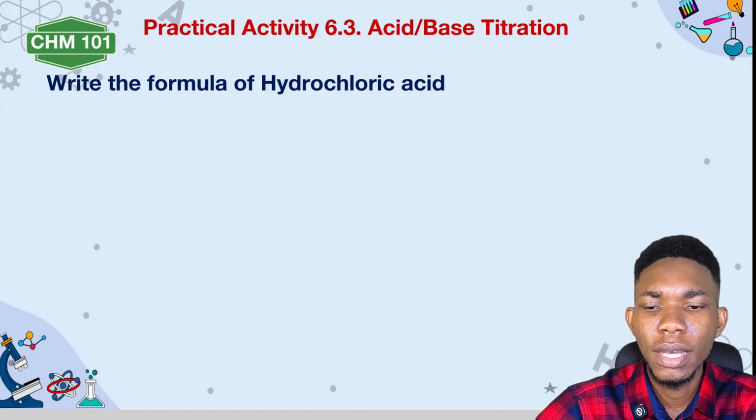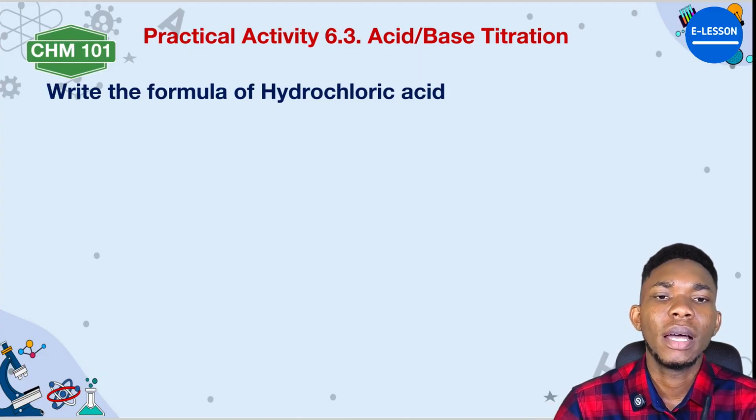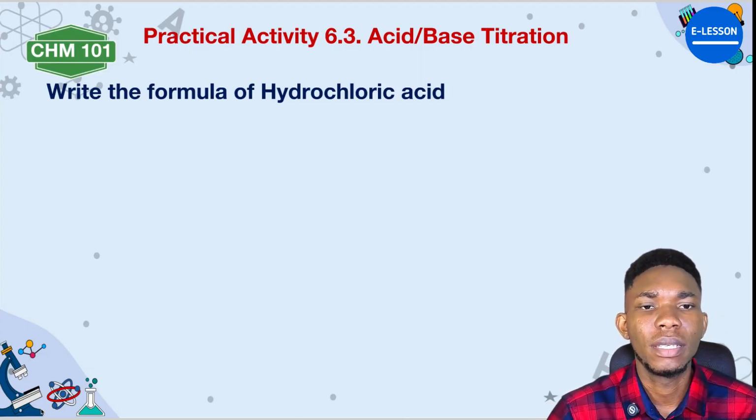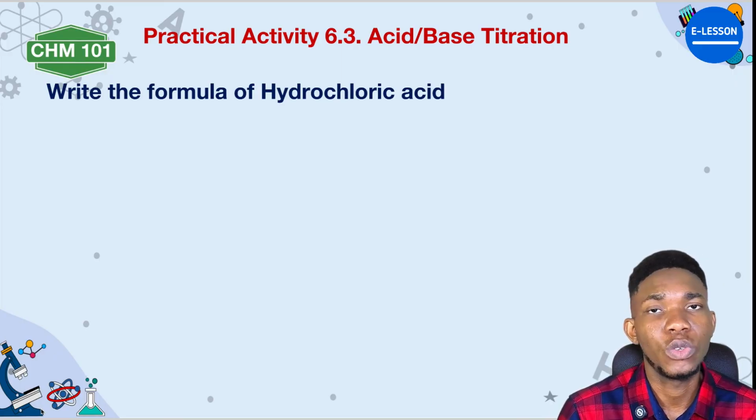All right, so in this lecture, we are going to look at practical activity 6.3, which is still acid-base titration. However, this is between a monoprotic acid, hydrochloric acid, and sodium hydroxide, an alkali, also a base.